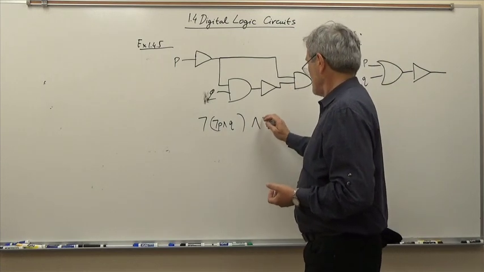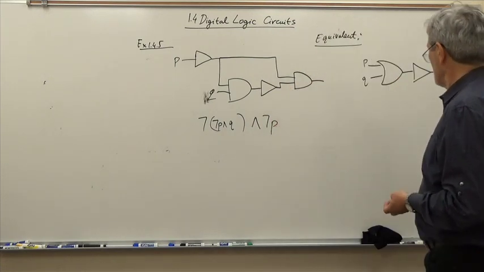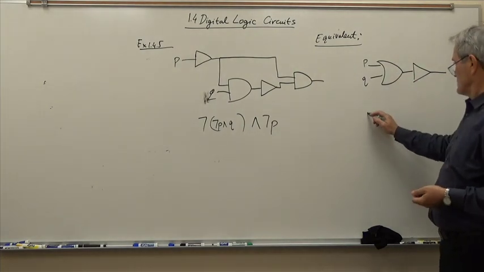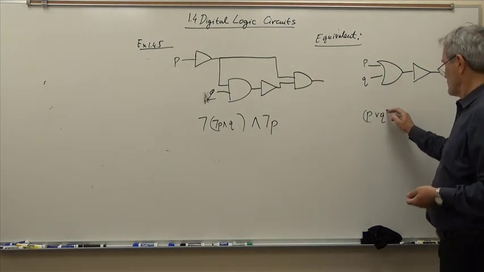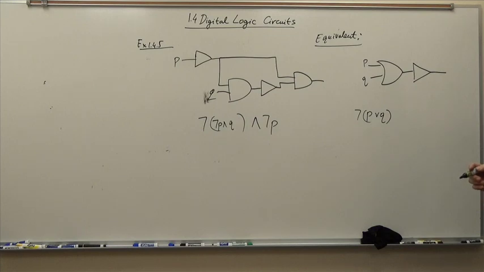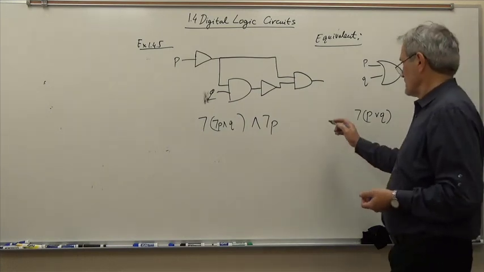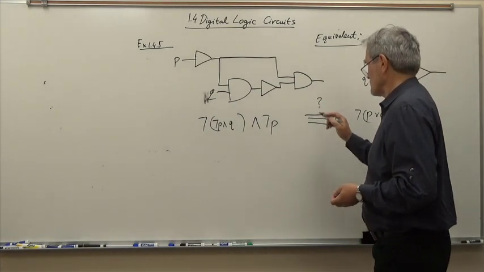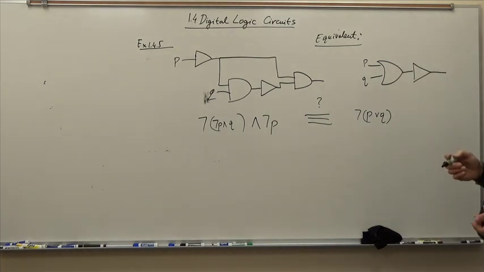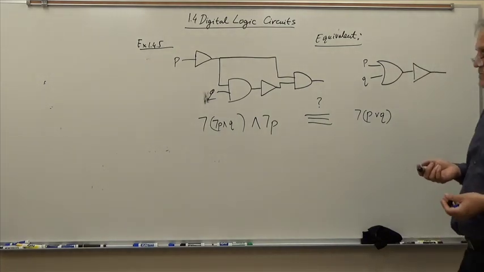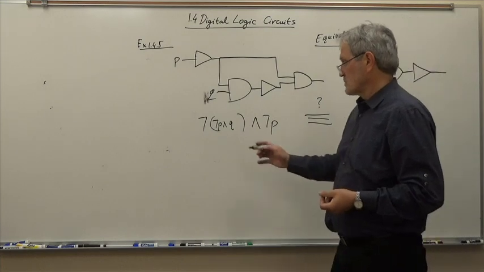And then we have AND, not P. What about this one? This is P or Q, and then negation. So let's see, are they equivalent? We are asking a question. We can either make a truth table or just use the equivalency that we already learned.